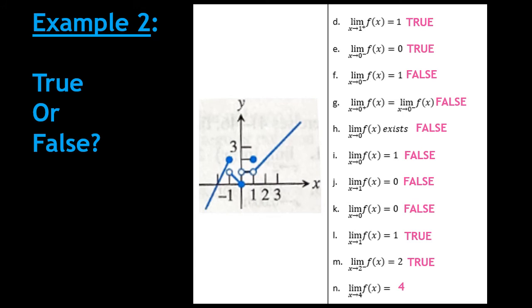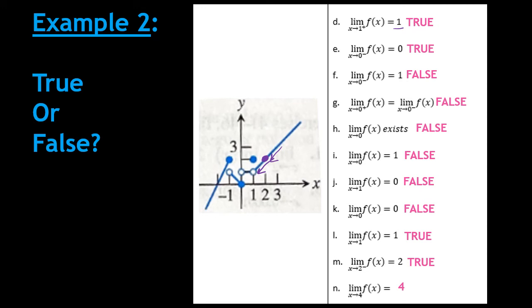I'm going to go through this pretty quick. As we approach 2 from the right, I'm approaching a y value of, oh, I'm sorry, that says 1. I'm going to put my readers on so I can see better. As we approach 1 from the right, we are approaching a y value of 1, so that's what makes that true.